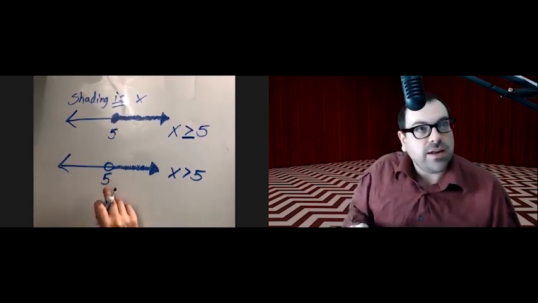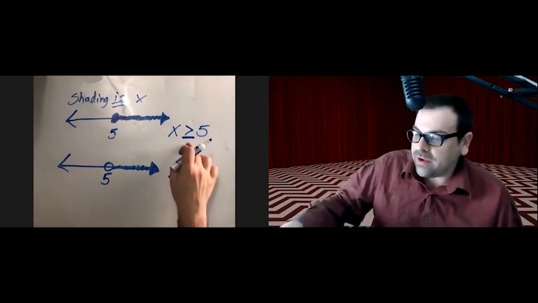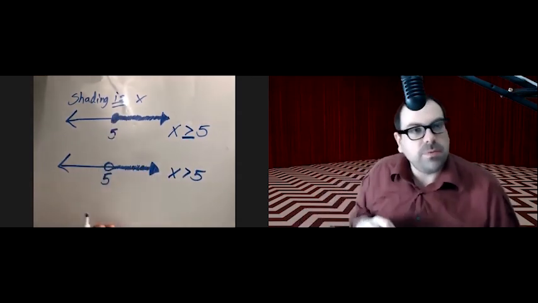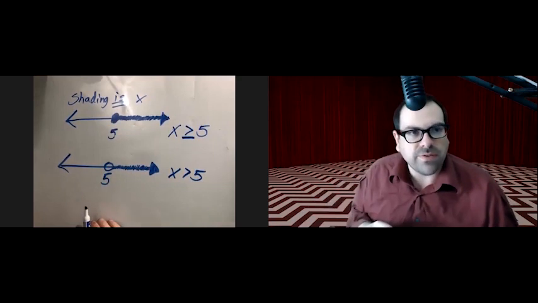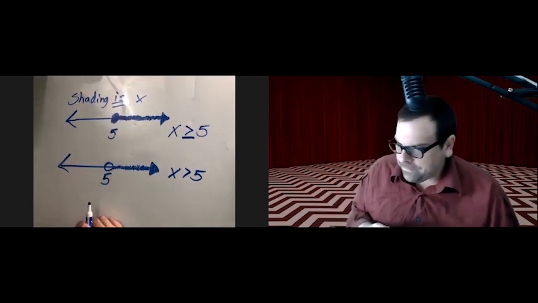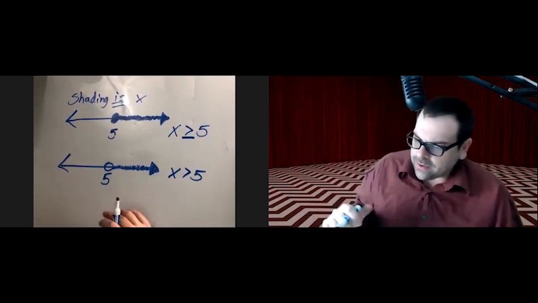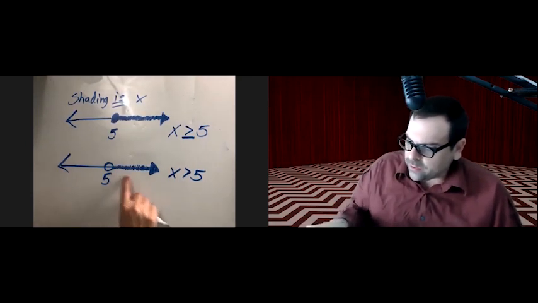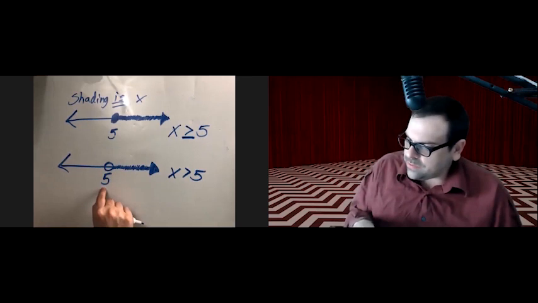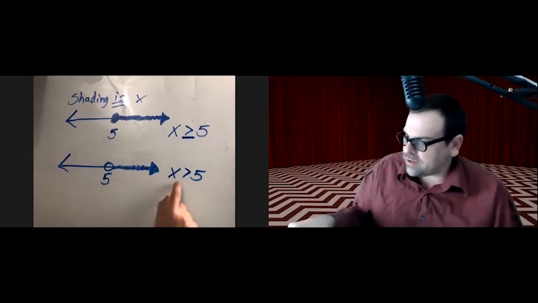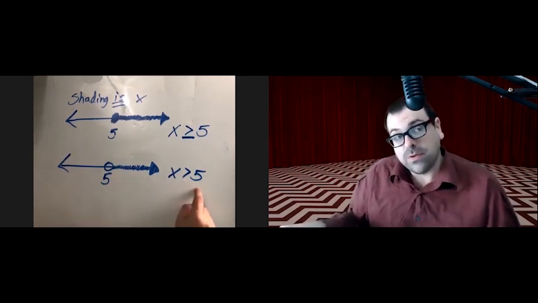If 5 was shaded, if we could be equal to 5, then the 5 would be filled in. So here, X is everything greater than 5, but not equal to.